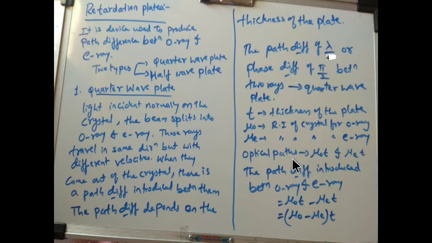Then their optical paths are mu naught into T and mu e into T. The path difference introduced between the ordinary and the extraordinary ray is mu naught into T minus mu e into T, which can be written as mu naught minus mu e into T.